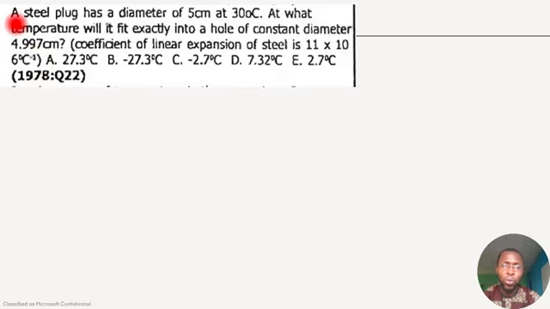Look at this question here. It says, a steel plug has a diameter of 5 centimeters at 30 degrees Celsius.